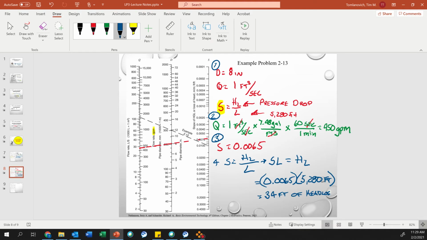So let's bring that back to P equals 0.43 times H. H is head, and this is pressure, and that needs to be in feet. 34 times 0.43, so we're losing 15 psi of pressure per mile of pipeline.